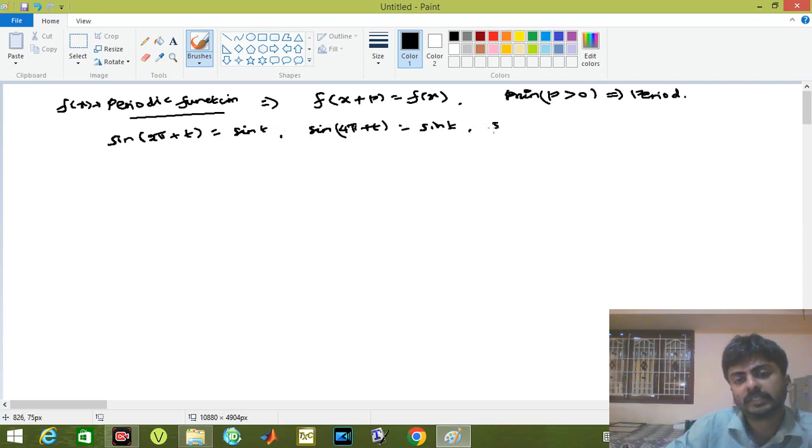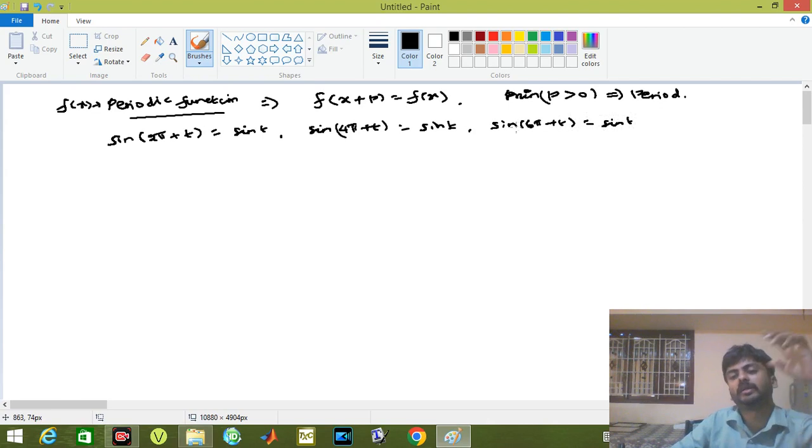Okay, sine of 6 pi plus t and so on, whatever it is, equal to sine t. Whatever we take in terms of multiplying with pi, the even number, you will get the same sine function. Okay, it should be an even number. So 6 pi is giving the same function, 4 pi with t is also giving the same function, and 2 pi with t also gives the same function.